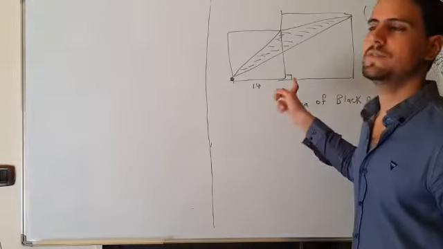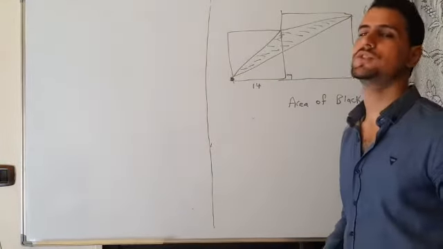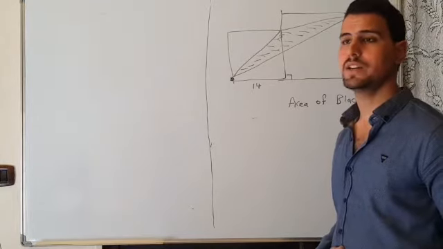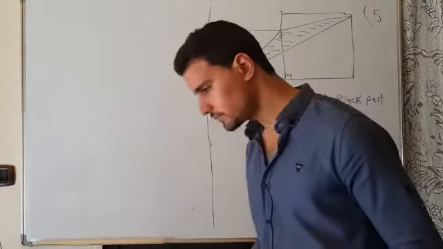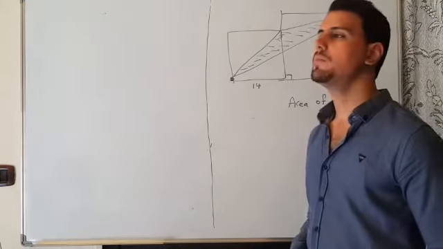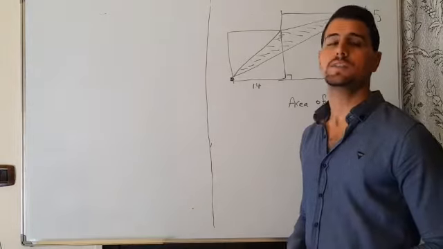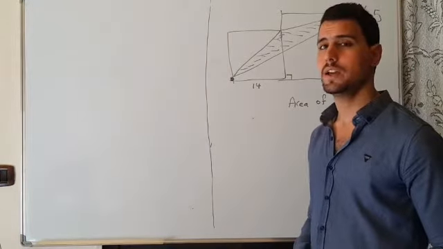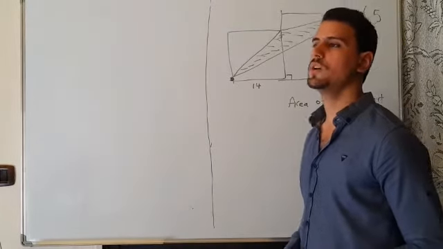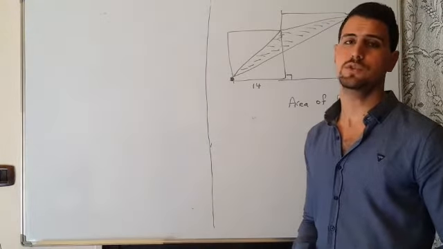Now we are at number 5. As we saw in number 4, how easy it was to use the similarity ratio, how to use it properly, not to confuse it, and how easy it was to solve a problem using similarity if we knew the similarity would be used.